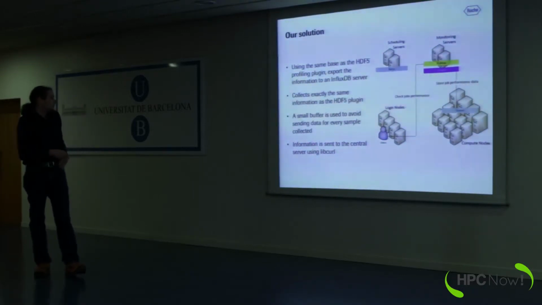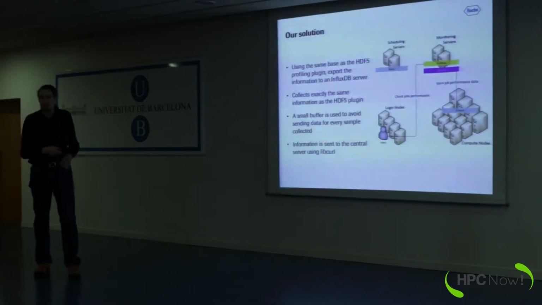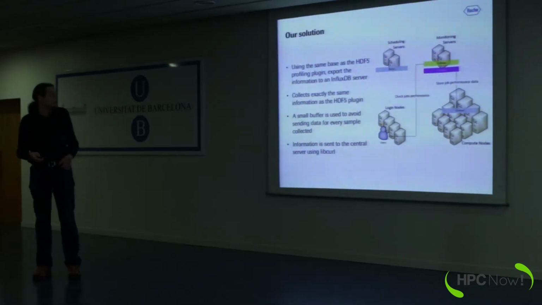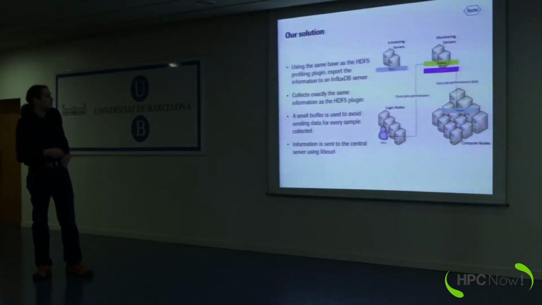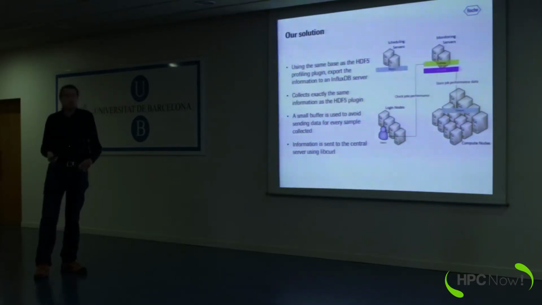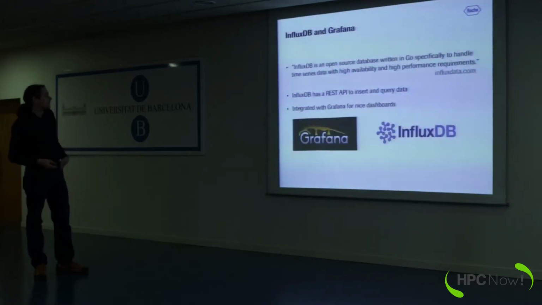The information is sent to a central server using libcurl, which is already integrated in Slurm with the Elasticsearch plugin. And this is more or less how it works. So Slurm collects the information, sends it to InfluxDB, and using Grafana we can display the data, and the users can have nice dashboards of their individual jobs.